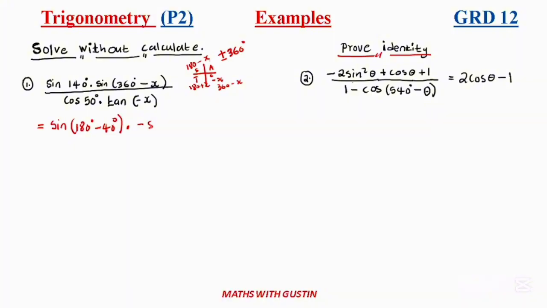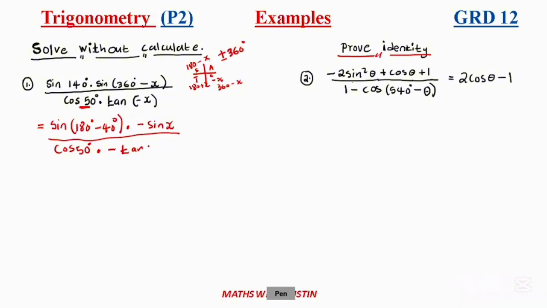is on the fourth quadrant where sine is negative, so here we're going to have negative sine x all over. For now, because I don't know what to do with this one here, I'm just going to leave it as it is because it's below 90, right? So therefore here we have tan in brackets minus x, so we know that this is on the fourth quadrant where tan is negative, so this will give us negative tan x.